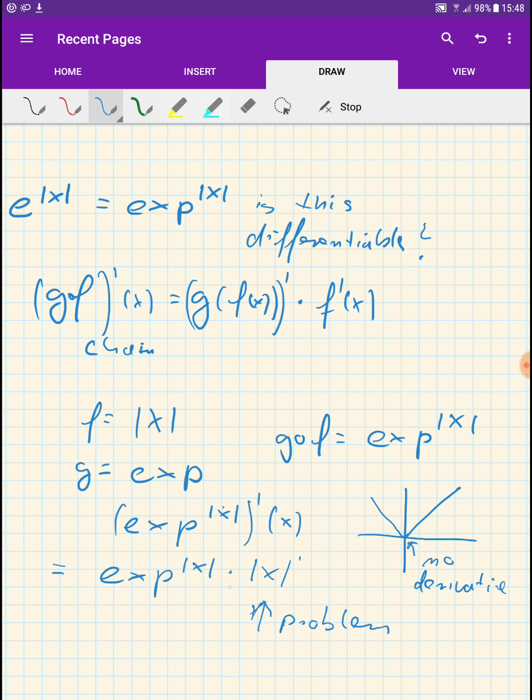So what this means for our example is that we cannot write the derivative of this function e to the absolute value of x, and this means that the answer to our question, the answer to this exercise, is no, by what we have just seen.